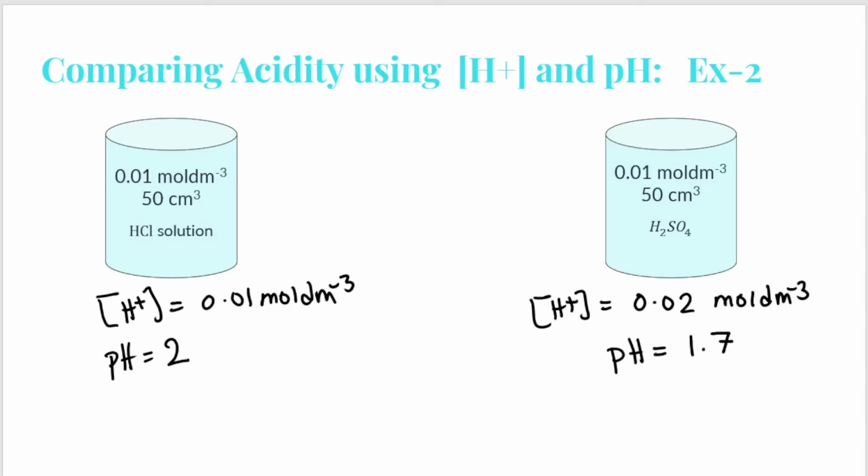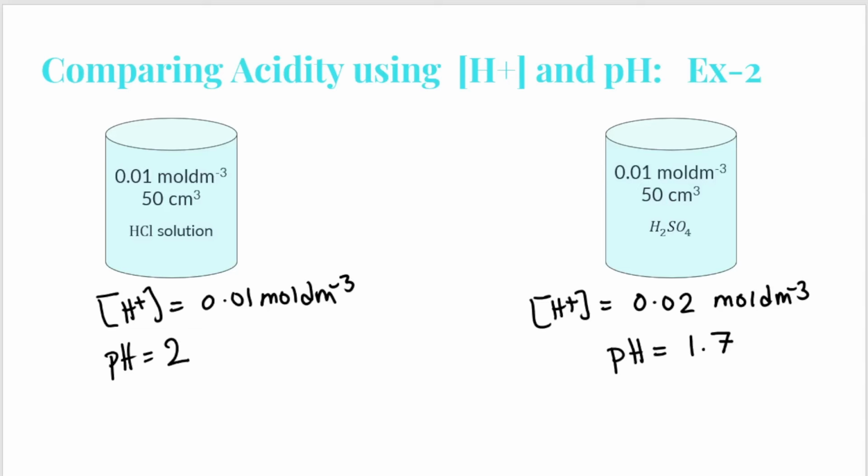Here we are at the question where we are going to compare the acidity of hydrochloric acid and sulfuric acid of equal concentrations. Even though these two solutions have equal concentrations, they have different hydrogen ion concentrations and pH values. So, what do we understand when the hydrogen ion concentrations are different and pH values are different?